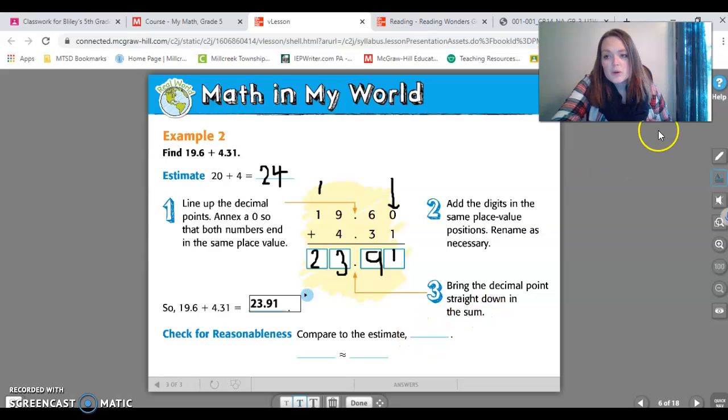Our estimate was 24. 23.91 is very close and reasonable compared to our estimate of 24.